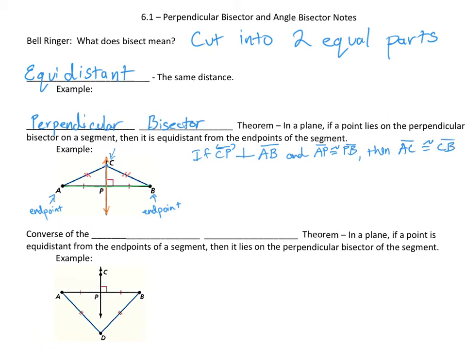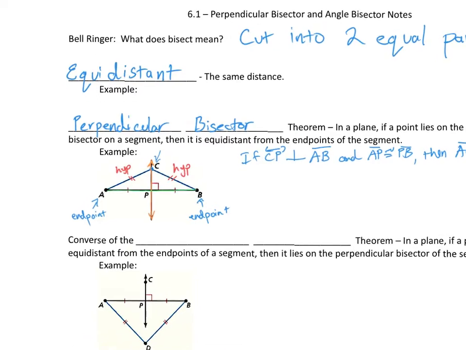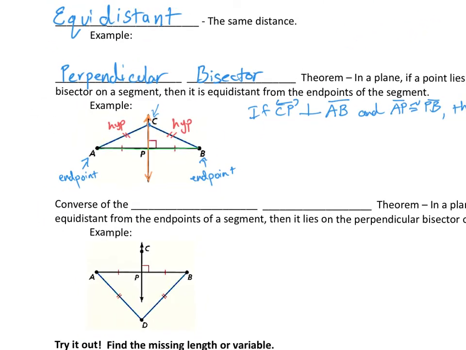Those hypotenuses have to be congruent to each other. This is a hypotenuse of a right triangle, and this is a hypotenuse of a right triangle.